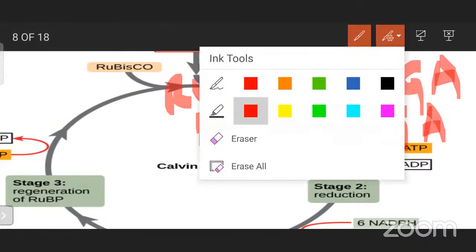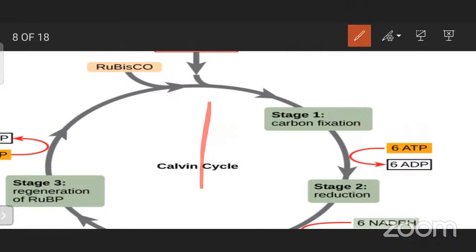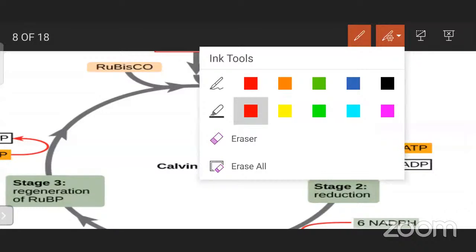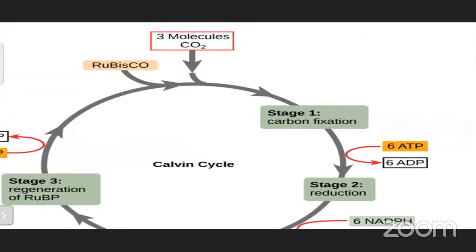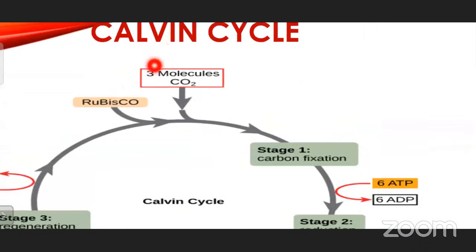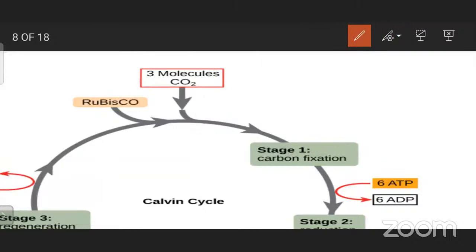But I have mentioned 3 molecules of carbon dioxide here, so I must write 3 molecules of RuBP also. So we have 3 molecules of carbon dioxide and 3 molecules of RuBP.